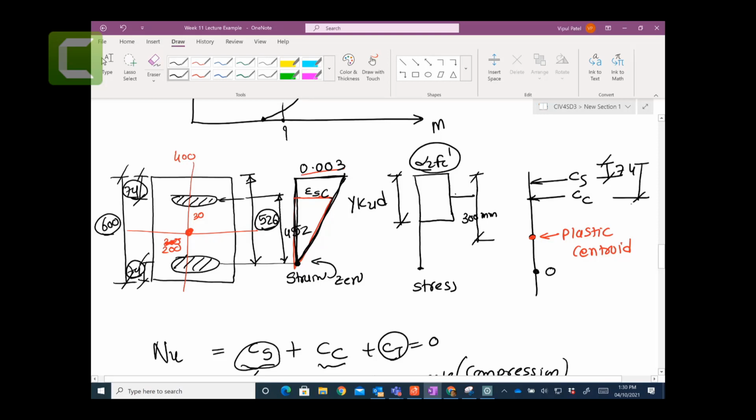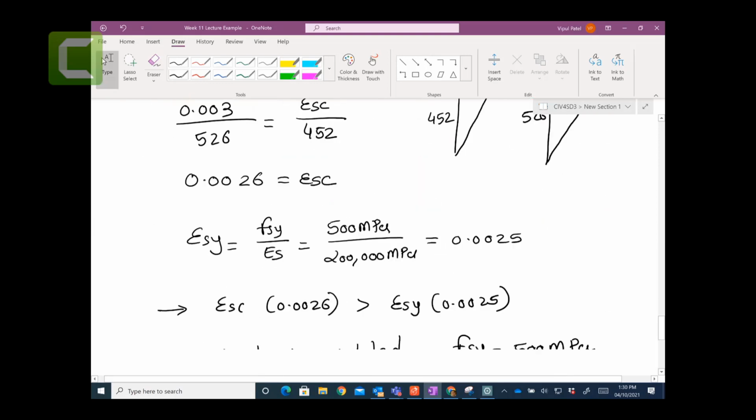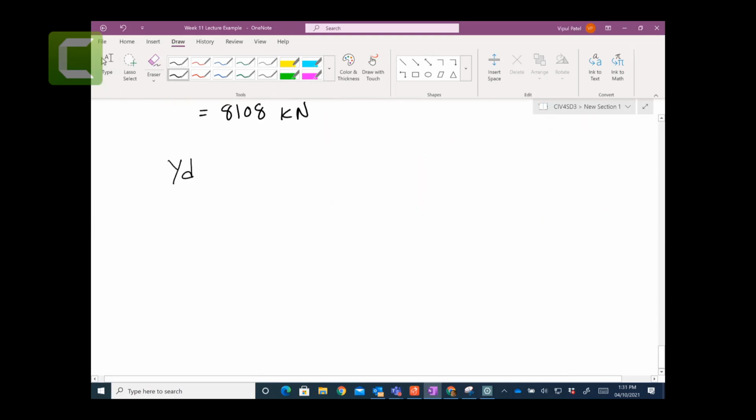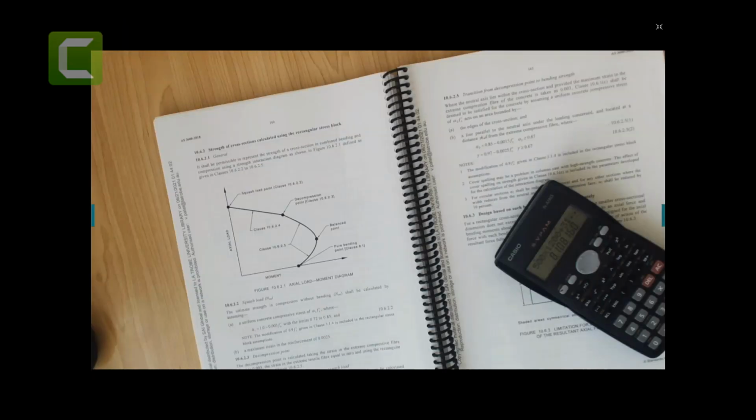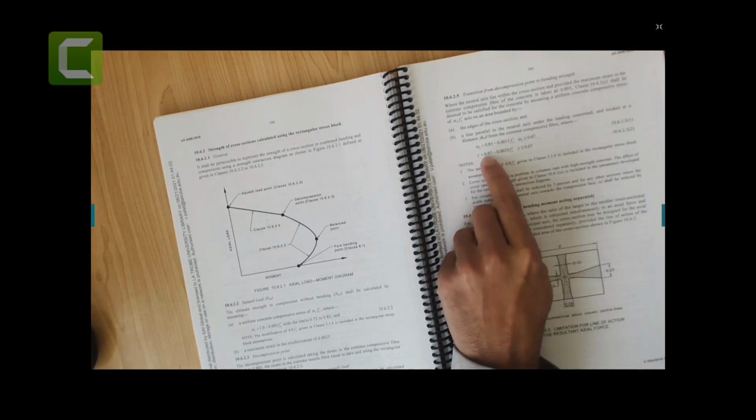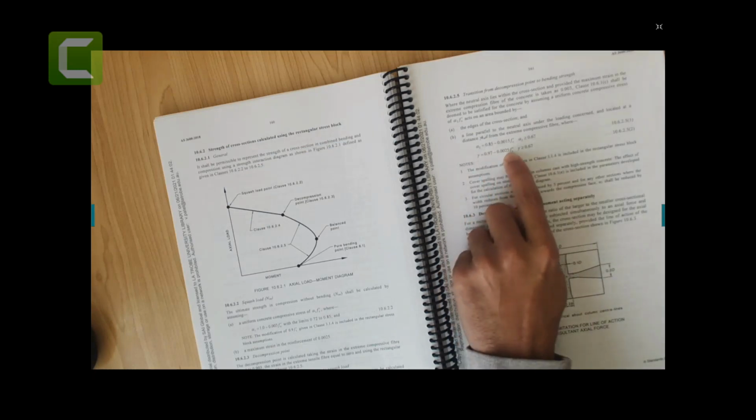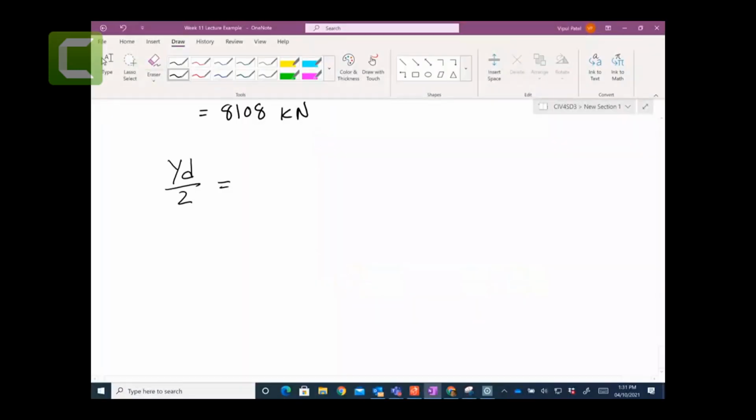This distance you can calculate, that is γd divided by 2. That distance is γd divided by 2, and the gamma value that we're going to get is this one, 0.97 take away 0.025 fc dash. So gamma value, we can just calculate that.